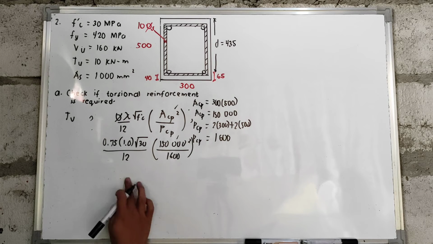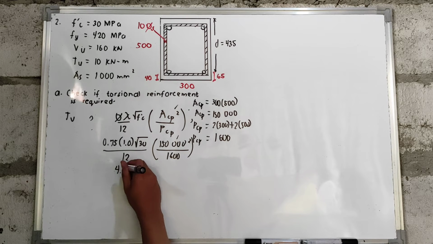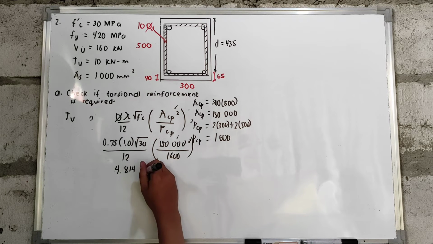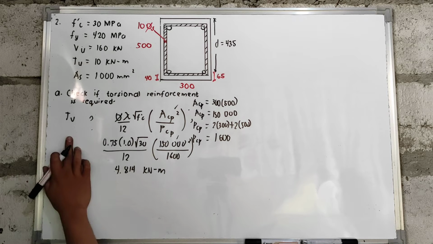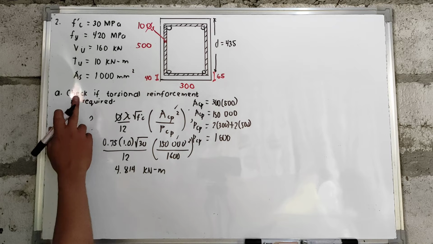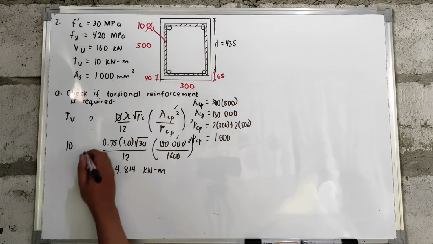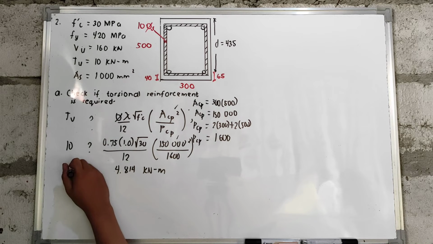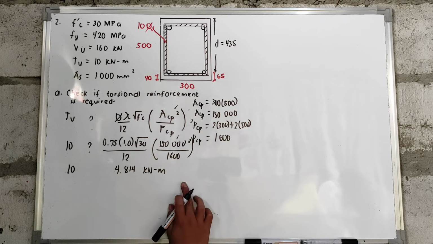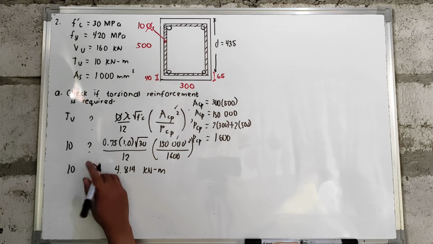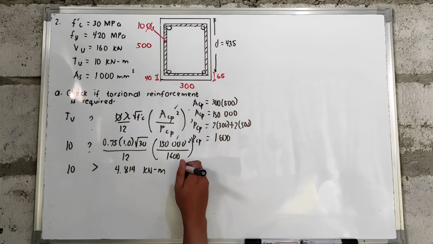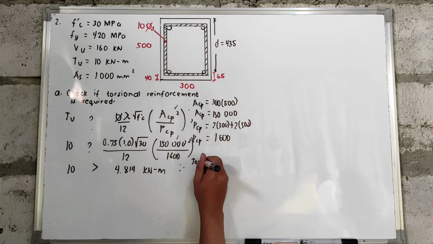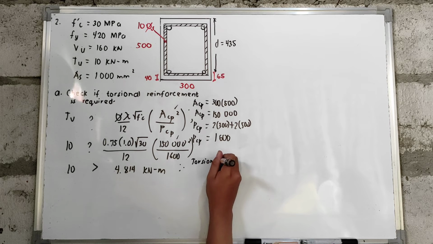So, you will have a value of your threshold torsion which is equal to 4.814 kilonewton meter. So, for this one, meron tayong given na Tu which is equal to 10. And eting 10 natin, kung i-compare natin yan, 10 is greater than, or Tu is greater than the threshold torsion.